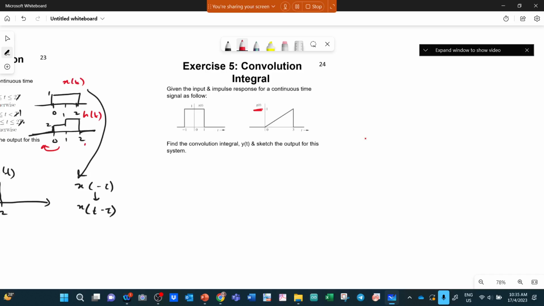So gt is what in control they call gs, the impulse response.